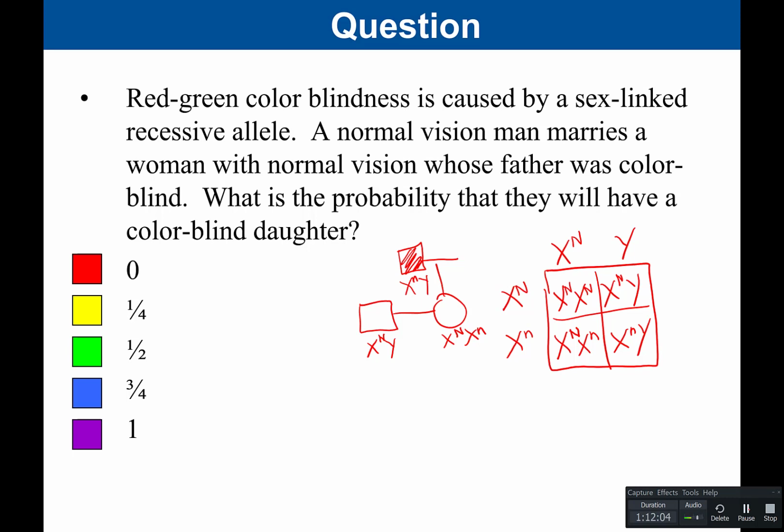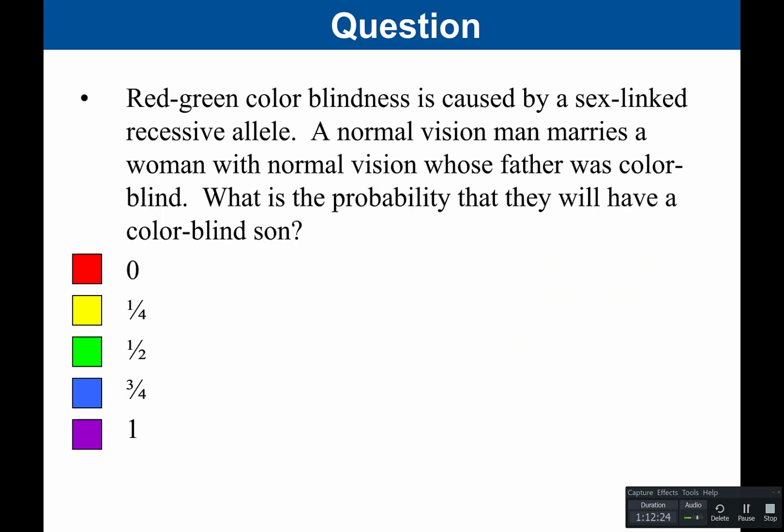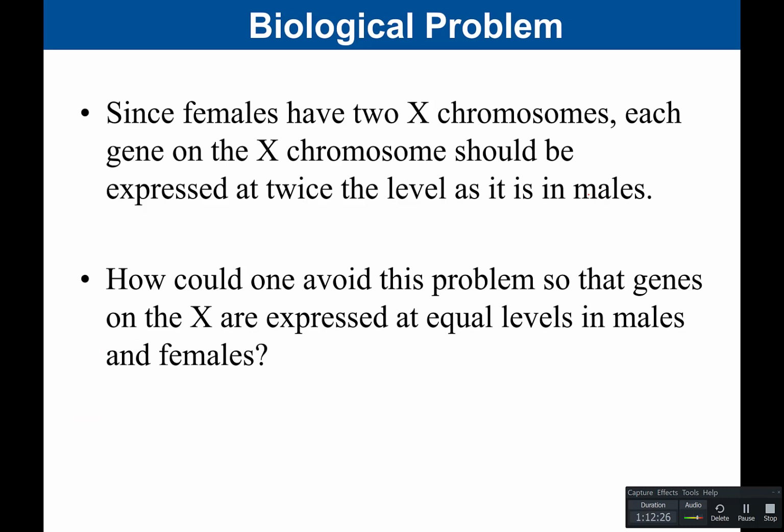So there is the son that is colorblind. So the probability that they will have a colorblind son is 1 out of 4. So 0 for the daughter, and 1/4 for the boy, the colorblind son.